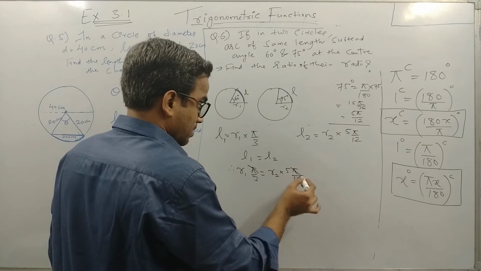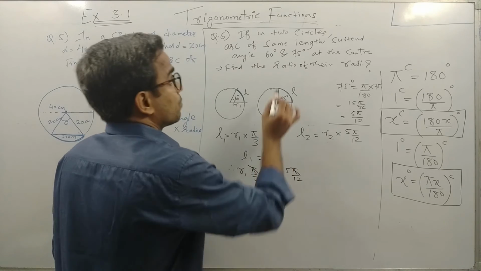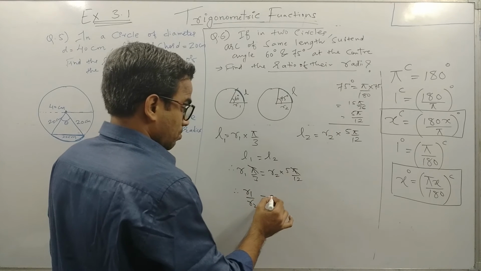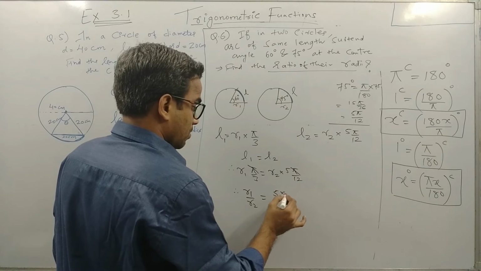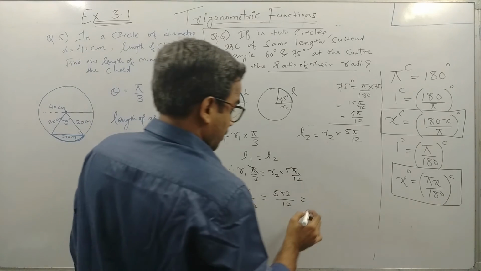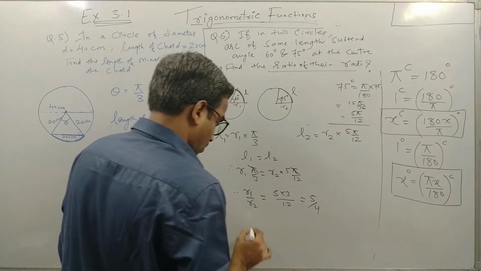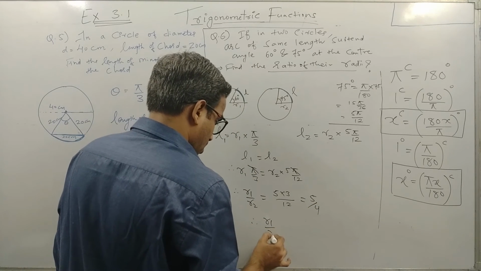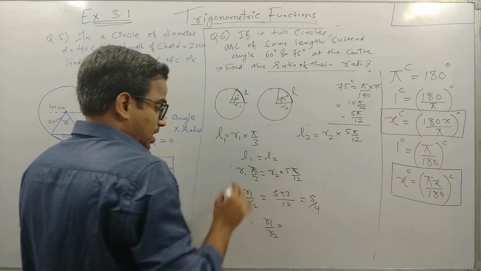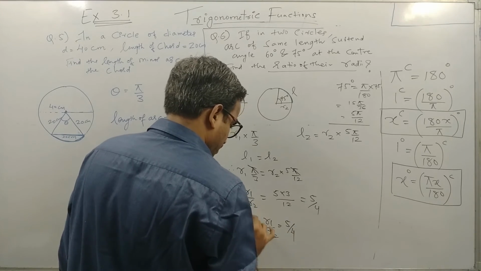Pi gets cut, so R1 upon R2, the ratio of the radii, comes out to be 5 into 3 divided by 12. So this is 15 by 12, which is 5 by 4. So the ratio of the radii with the same length subtending different angles comes out to be 5 by 4.